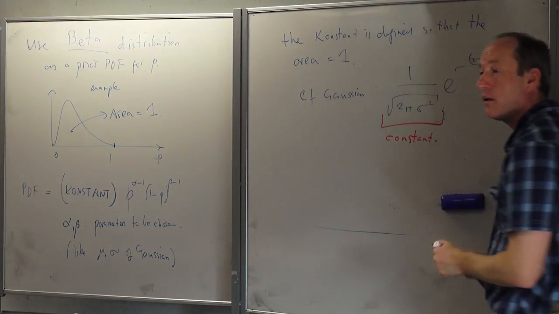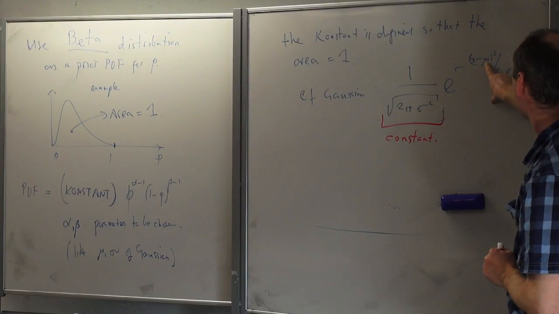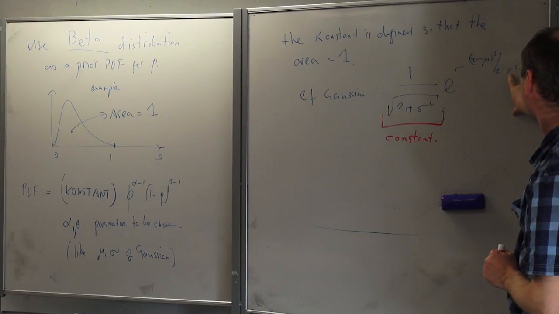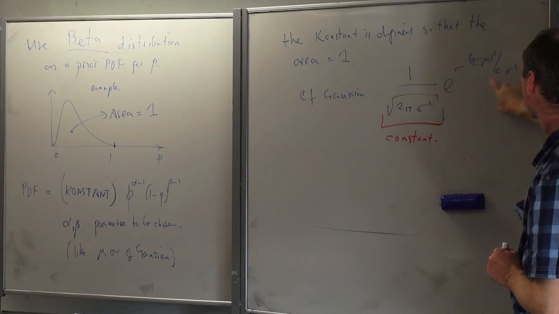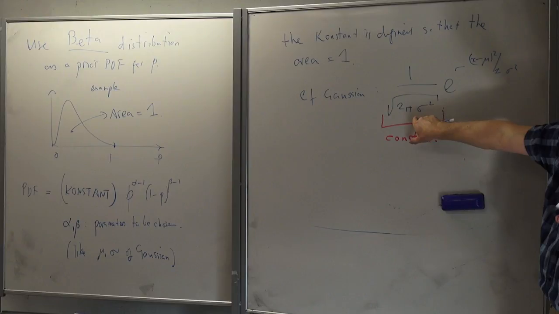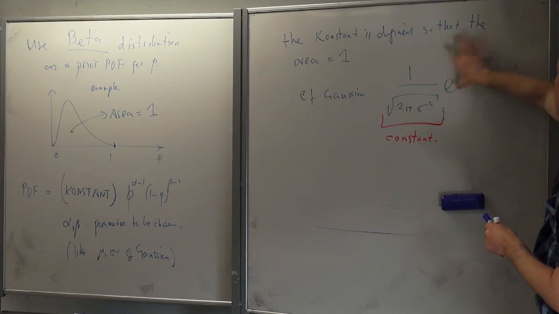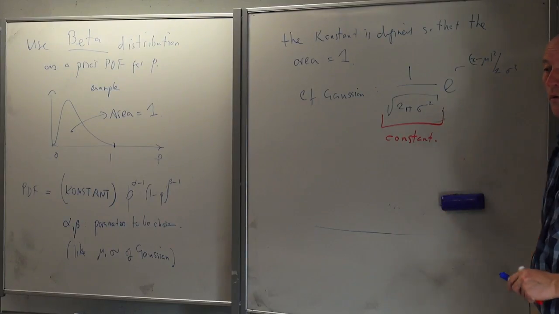There's no x in it, you see? X only enters here. So I've got my distribution: there's the mean, there's the standard deviation, so the standard deviation squared. So this constant here is ensuring that the area equals 1. You remember this from when I was talking about the Gaussian distribution? This bit does the work. This bit makes the area equal 1.